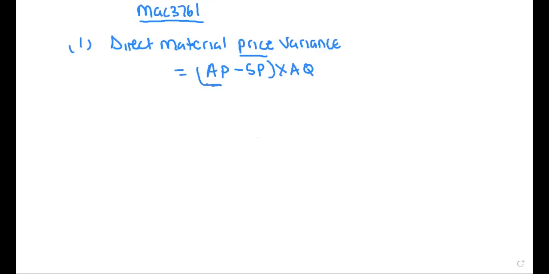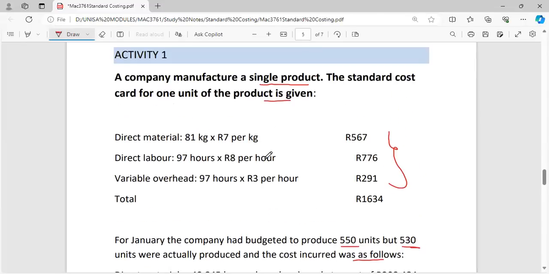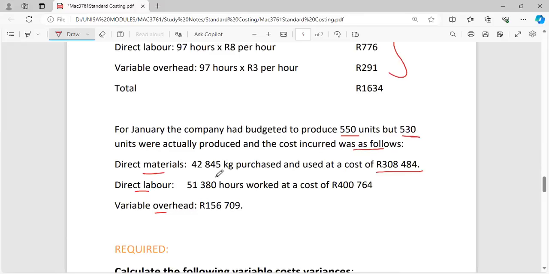Let's go to the question. We should now be able to get the actual price from the question. Remember, we're doing the direct material price variance. So these are the budgeted figures and these are the actual.